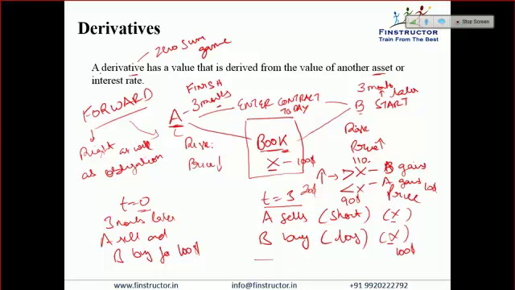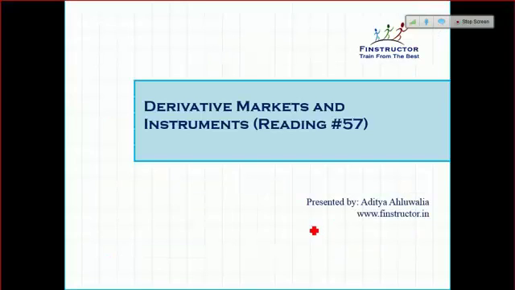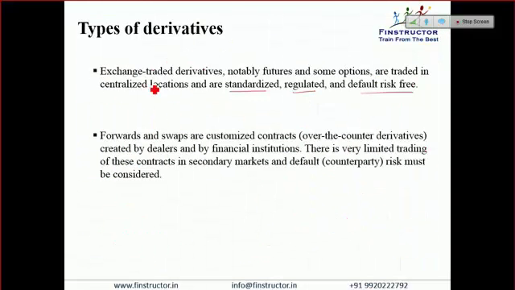That is a risk of default, that one of the counterparties reneges or fails to honor the obligation that they entered into. To avoid this risk, the exchange traded derivatives employ certain techniques that we'll study when we study futures, and which is why they are default risk free. They're also standardized and regulated, as we'll study.